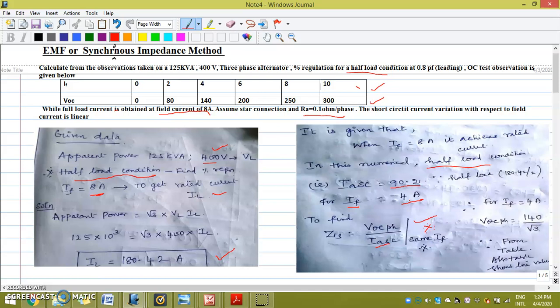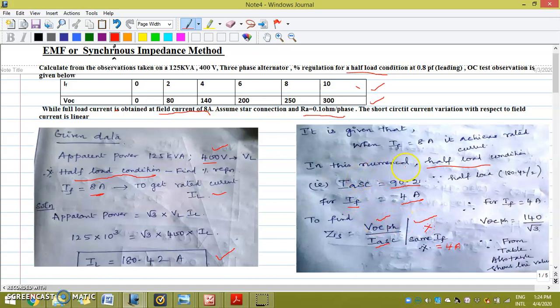Fine. Now you know this as 90.2 because we need to find our regulation for half of the load condition. So we know that this is the rated current for half load condition. This is 90.2 for the same IF. Same IF is nothing but 4 amps. Right. Now you need to find this.